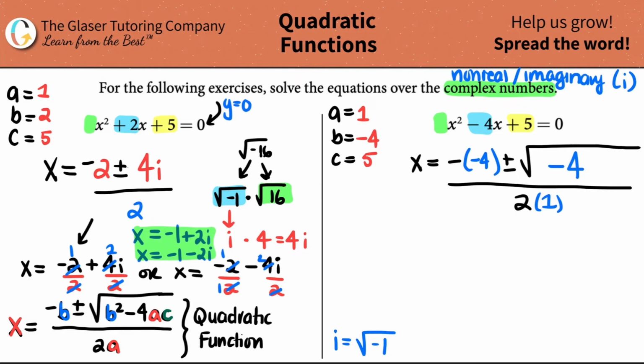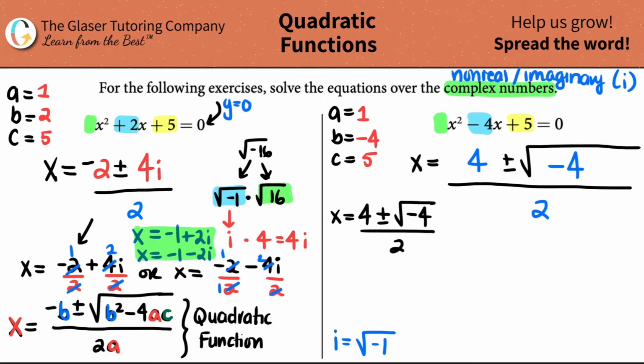I can clean the bottom up. 2 times 1 is just a 2. And now I have everything nice. Now a negative times a negative is a positive. So this would just be 4. So sometimes you can clean stuff up as you go. So now we're at x equals 4 plus or minus the square root of negative 4 all over 2.